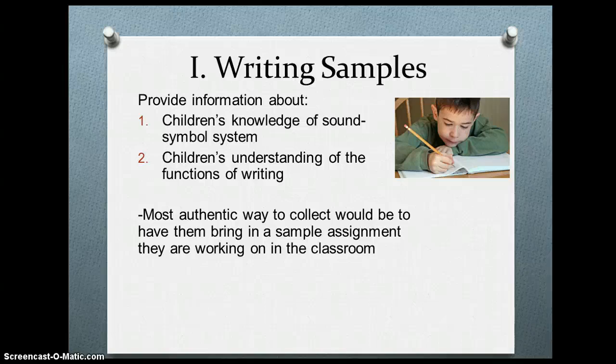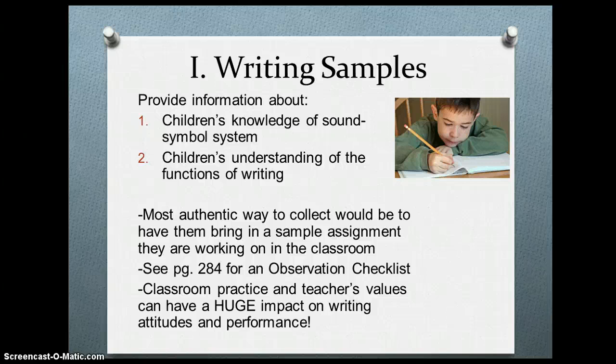I know a couple of people had students bring in assignments during some of their sessions. So if you retained those, you can use those and take a look to see loosely where they fit in the stages of spelling development.